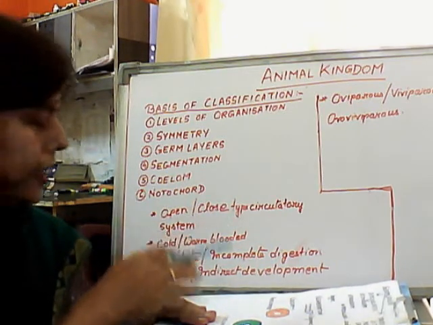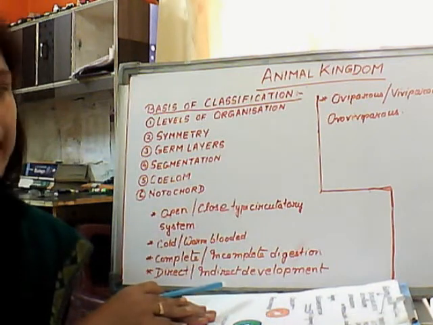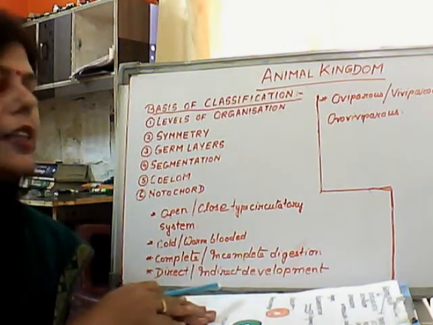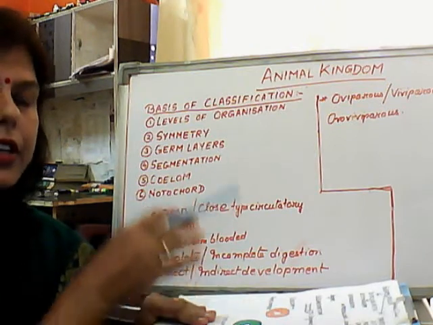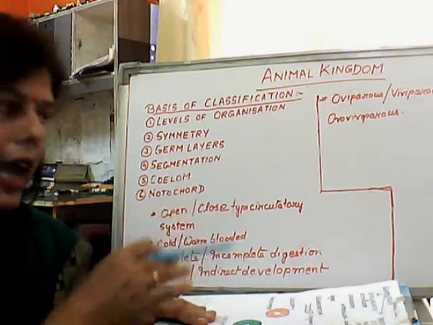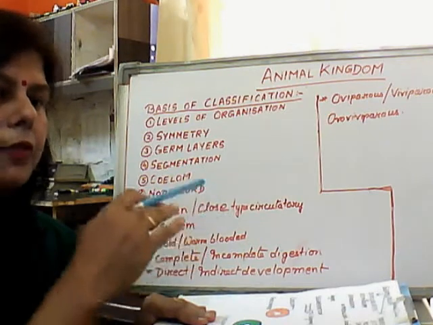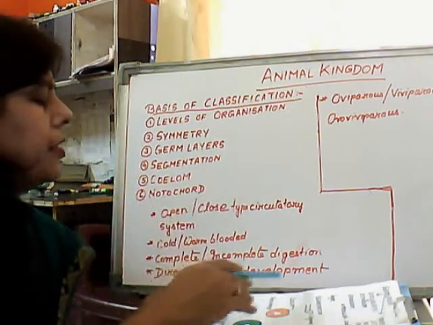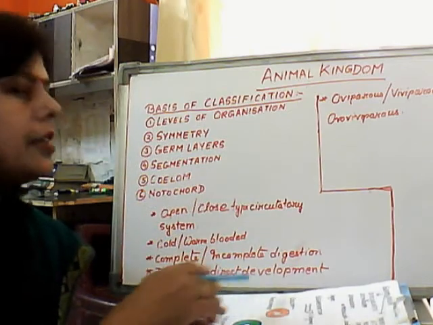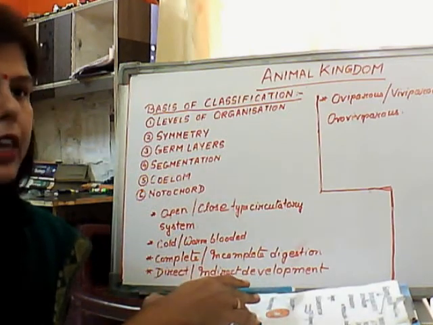That means in them some intermediate stages are there. Here the example will be the insect. They have the larval stage. First the egg form, then the larva comes out. In between, before they reach the adult stage, many intermediate stages are there. In such case, it is said to be indirect development.